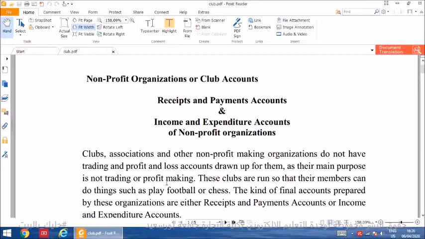These clubs are run so that their members can do things such as play football or chess. The kind of final accounts prepared by these organizations are either a receipts and payments account or an income and expenditure account.